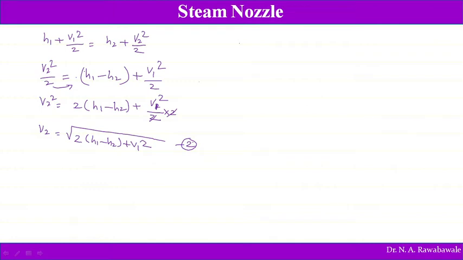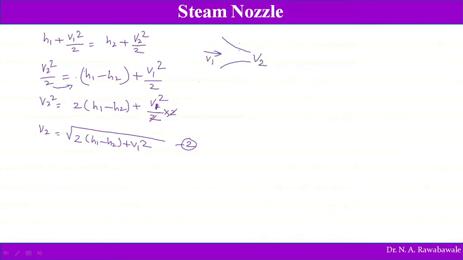Now we can say here V1 is very small compared with V2. See here, this is a nozzle. So the velocity of steam at inlet V1 and velocity of steam at outlet V2.